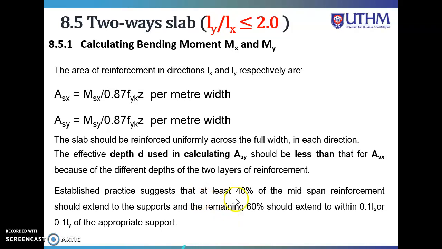So established practice suggests that at least 40% of the mid-span reinforcement should extend to the support, and the remaining 60% should extend to within 0.1 Lx or 0.1 Ly of the appropriate support. Okay, so itu sahaja untuk two-way slab.